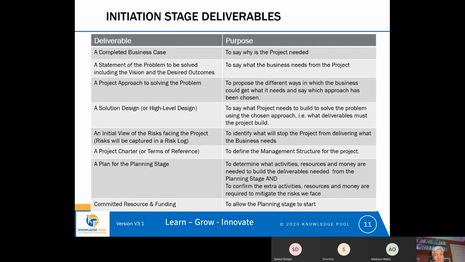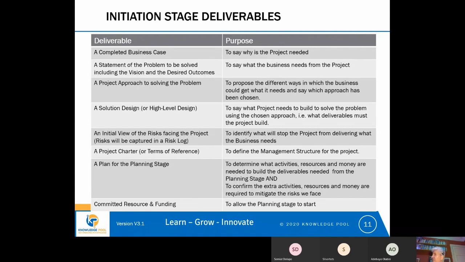The next deliverable is some sort of statement of the problem to be solved. And we talked last week about how, when we are thinking about the problem, very often what we have at the initiation stage is a vision of what a solution will look like and what the organisation will look like when it's solved its problem. What we need to do is take that vision and decompose it into the specific outcomes that the business is trying to achieve.